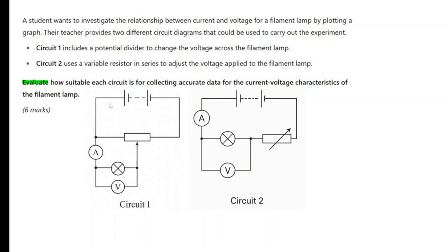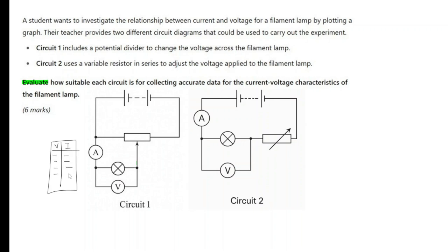Now, both of these circuits can be used, and they are both used in a similar way. All we need to do is get a series of voltage and current readings. To produce a graph, you need a minimum of 6 pairs.